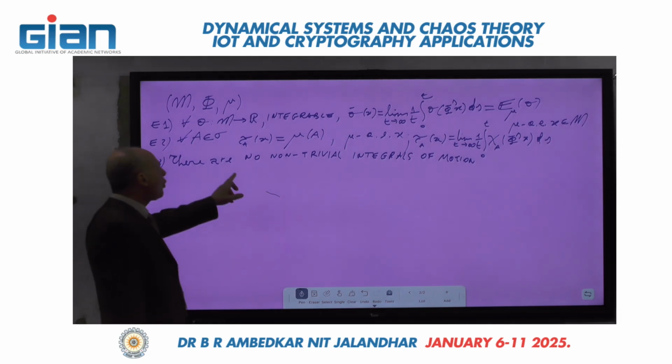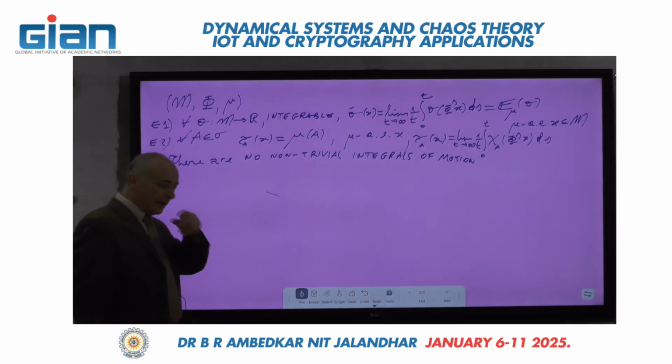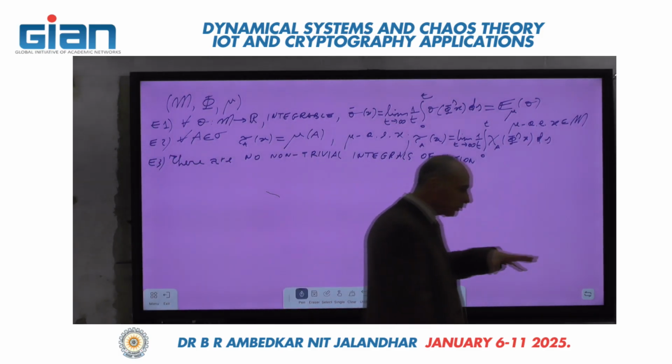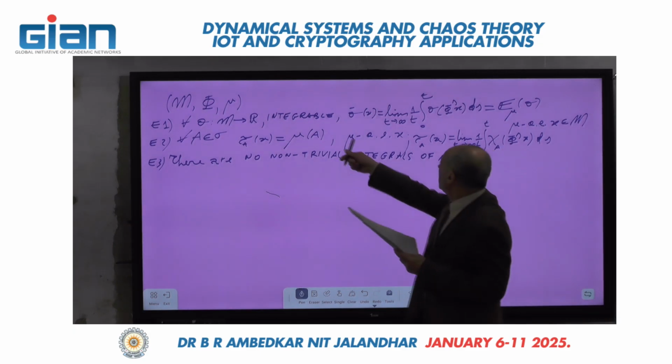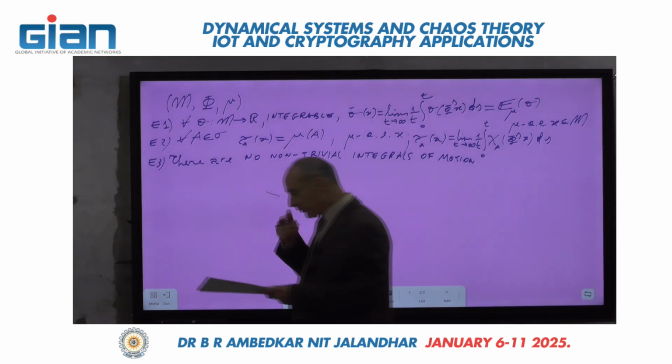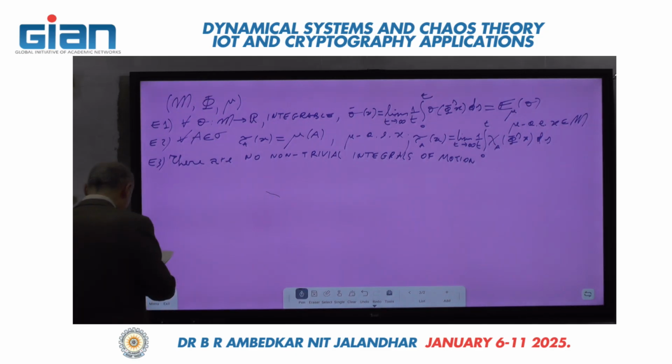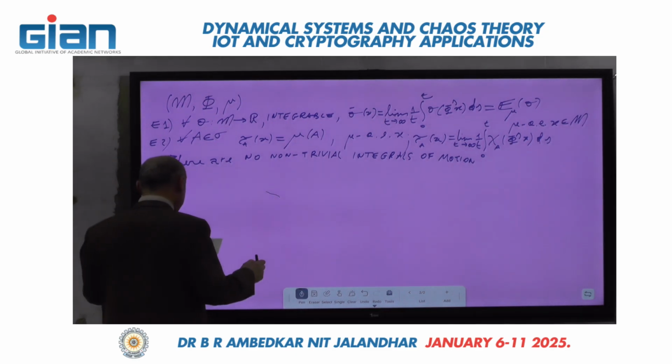So there are no non-trivial integrals of motion. It means that all those that exist are trivial. Trivial means that they are constants in the sense of Lebesgue, apart from a set of 0 measure. Okay? So, in formula it is this.